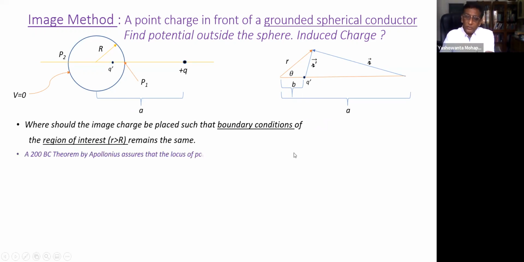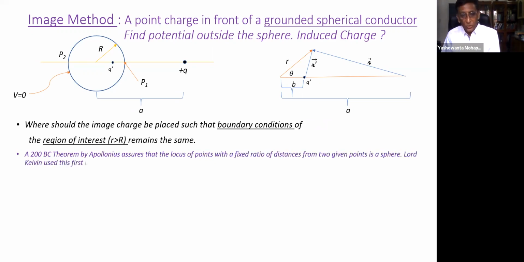There is a 200 BC theorem by a Greek, Apollonius, who discovered that if the ratio of distances from two given points is fixed, then the locus is actually a sphere. So we are sort of assured by geometry.